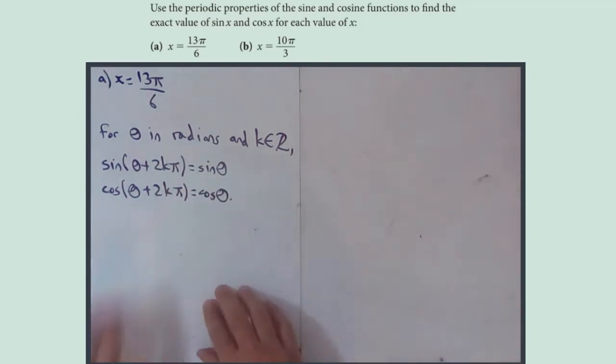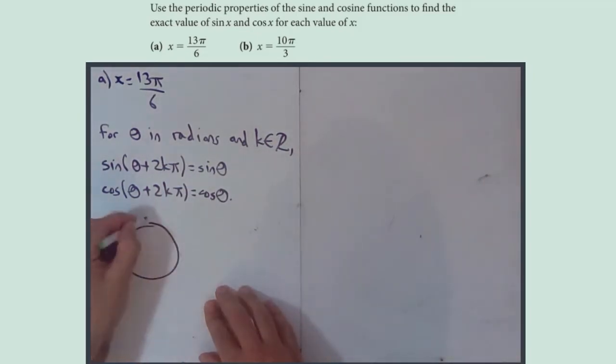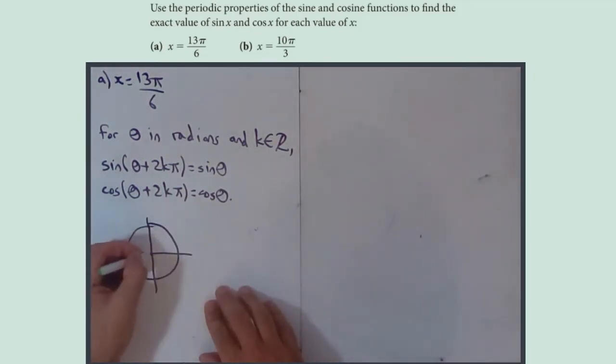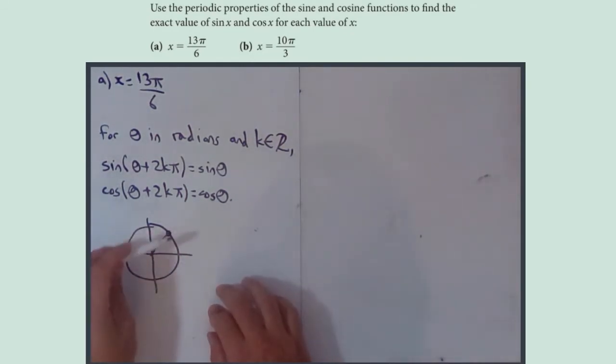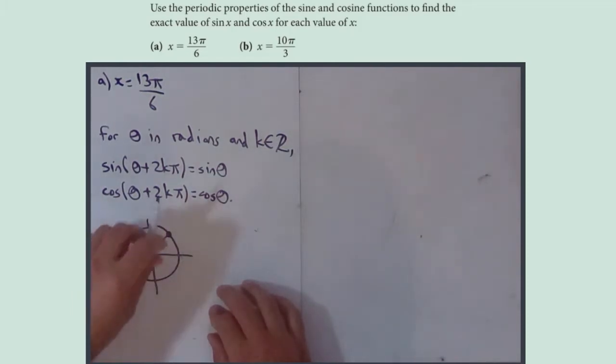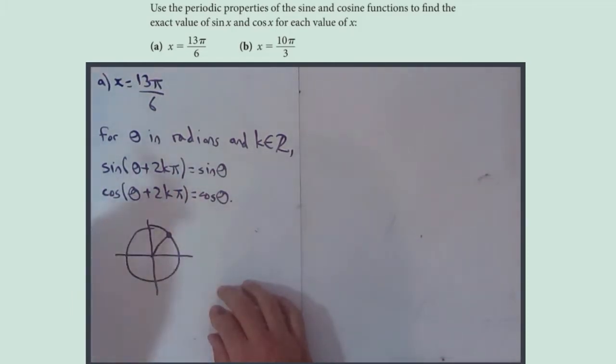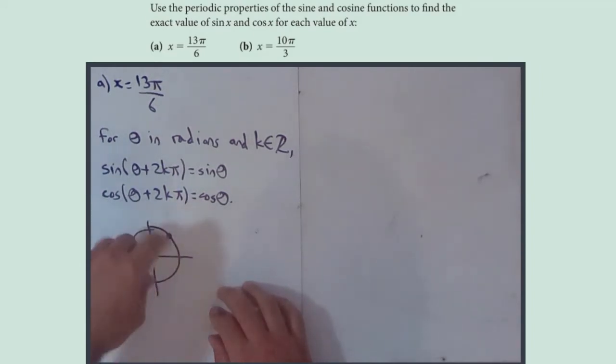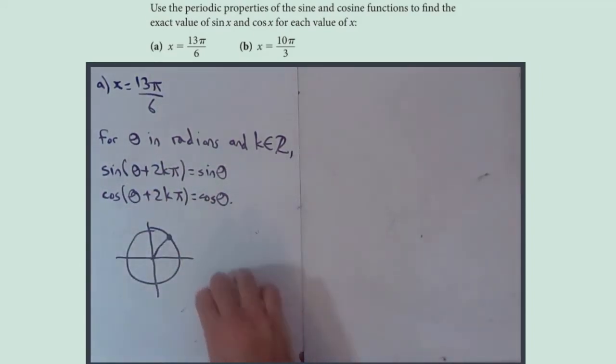If you think about that, if I just draw a little circle, so we pick a theta, what that means is if we just add 2 pi to it, remember 2 pi is 360 degrees because pi is 180, so we just go all the way around. So we're in exactly the same place.